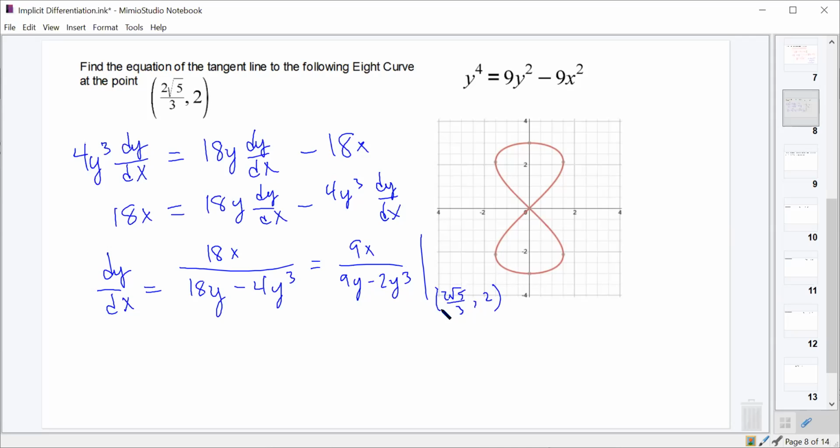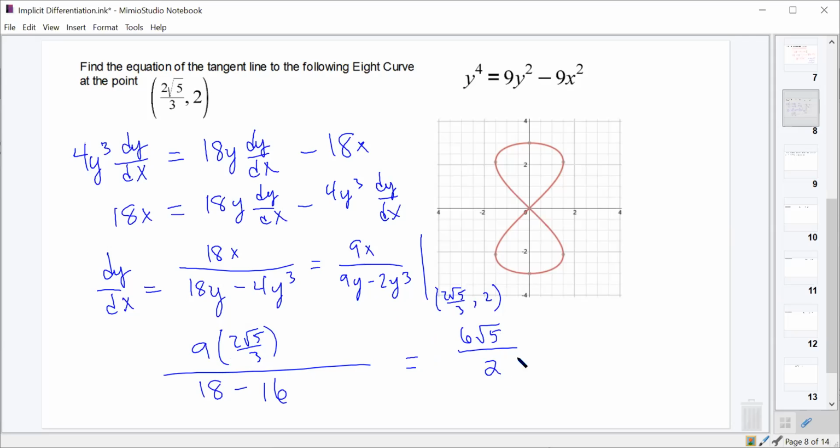So that's going to give us, let's see here, 9 times 2 root 5 over 3, all over, plug in 2. This is 18 minus what? 16? And that's going to give us the 9 divided by 3. We'll just make this a 6 root 5 in the numerator.